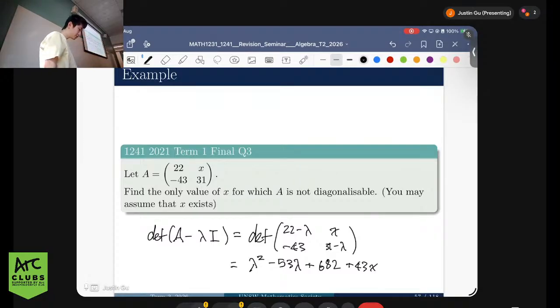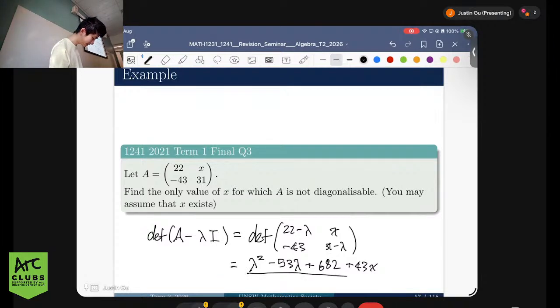So let me ask you this. If we allow complex eigenvalues, what happens if this polynomial has two distinct solutions?